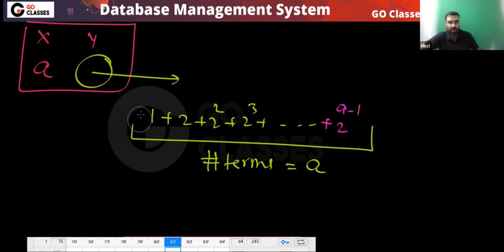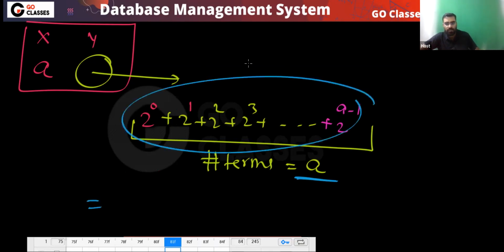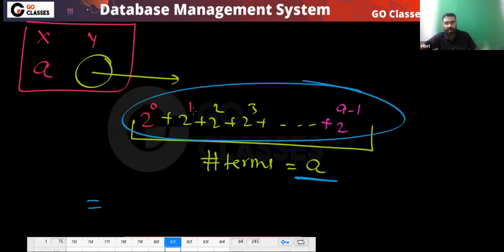Remember, this 1 you can write as 2 power 0. So you can notice the number of terms is a, and the last term will be 2 power a minus 1. Now if you do the summation of this series, what will it become?